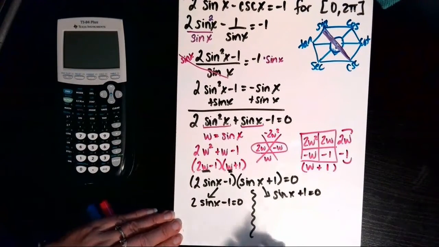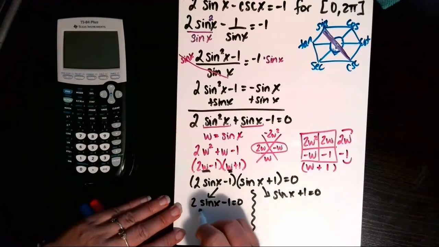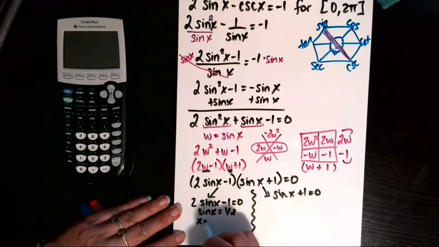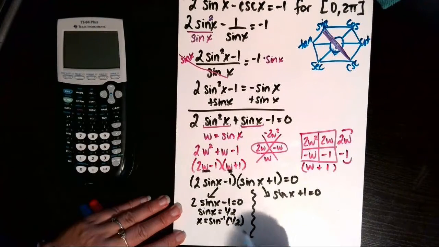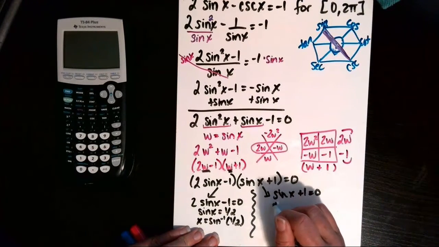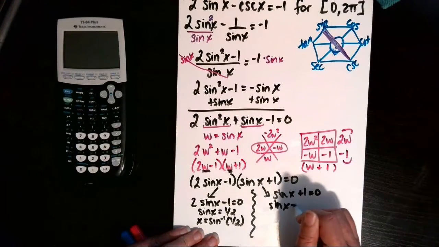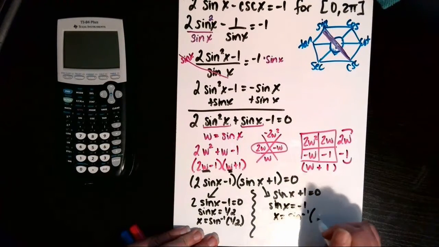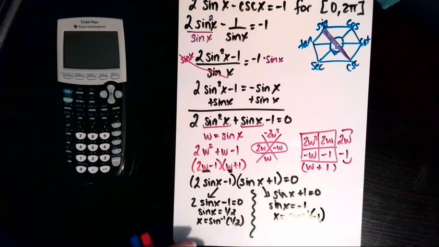So on this side, I have sine of x is equal to 1/2, and so x is the arcsine of positive 1/2. On this side, I'll have sine of x equals -1, and x is equal to the arcsine of -1.